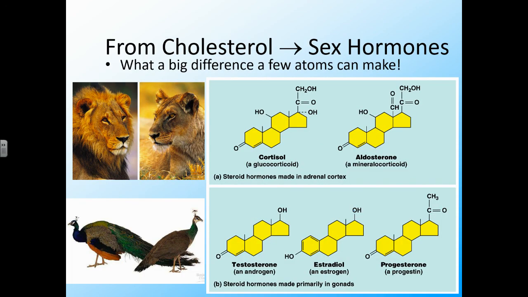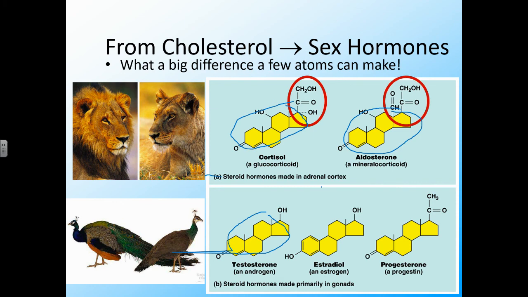So if we go from cholesterol to sex hormones, what you'll notice here, here's our cholesterol backbone, basically our 4 fused carbon rings. And all we have to do is take a look at the functional groups. So there we have cortisol versus aldosterone, different types of hormones.